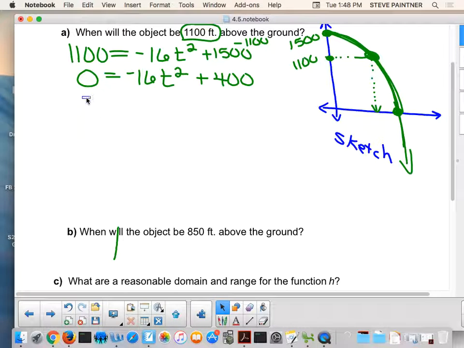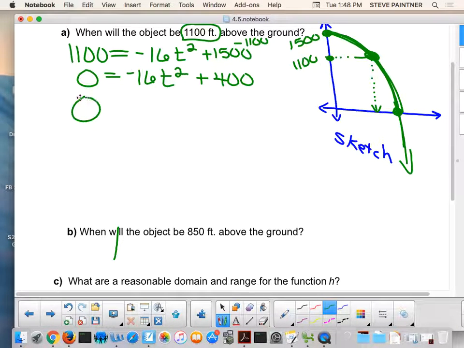I'd take out 16. Okay. And I would also take out, like Taylor says, negative 16. If you divide by negative 16, you get t squared minus, because it's 400 divided by negative 16, 25, isn't it?